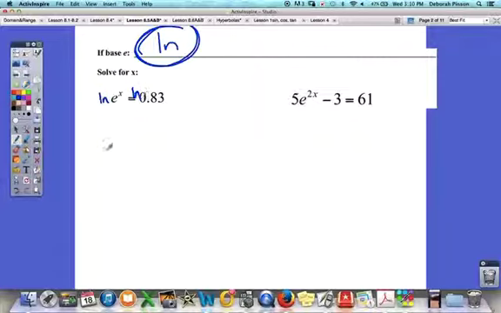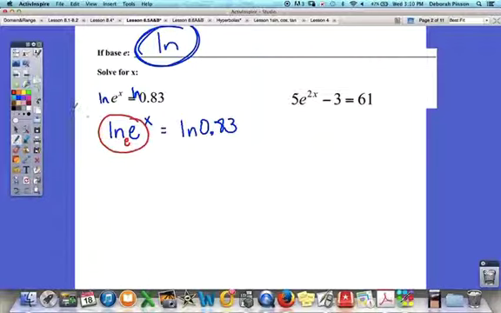Alright, so I'm going to use natural log instead of base 10. I'm going to write out what I have here. Now if you're doing it on your own, I think you can do this step right here. Now here's what I want you to see. If you think back to our shortcuts, remember how natural log is base e? See how those match up, which means I'm just left with my x.